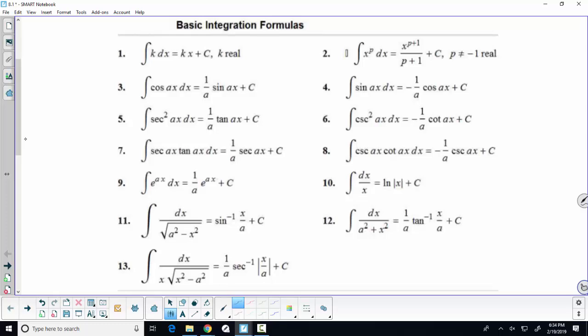And here are some basic integral formulas. You should remember these. Maybe not so much inverse secant, but definitely inverse tangent and inverse sine. Those are really common antiderivatives. And I'm hoping you remember all of the other ones. But inverse tangent and inverse sine weren't terribly common up to this point. They do get pretty frequent.